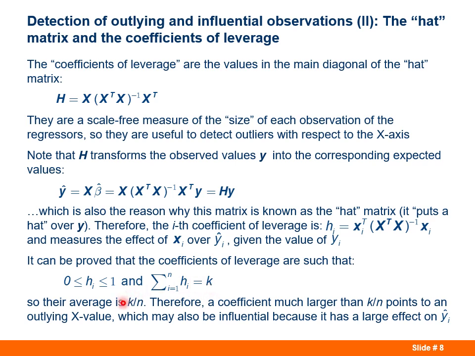So the average is k divided by n. Therefore, a coefficient much larger than k divided by n points to an outlying x value, which may also be influential because it has a large effect on y hat.